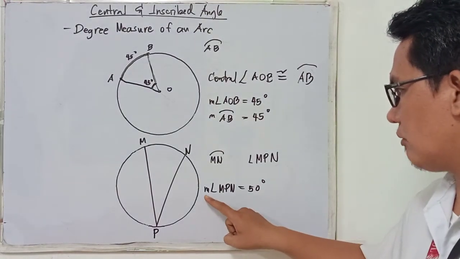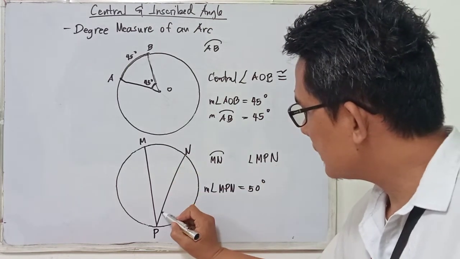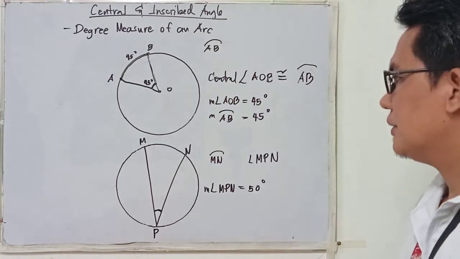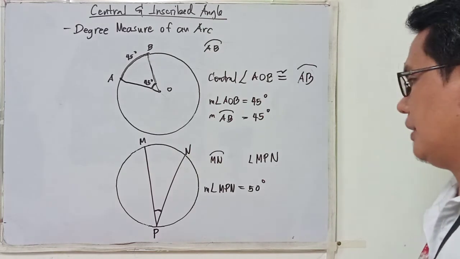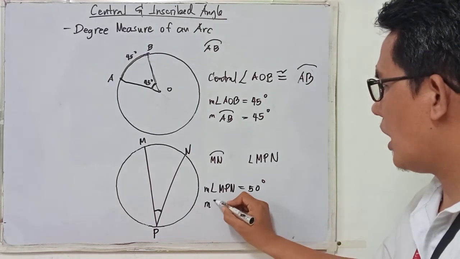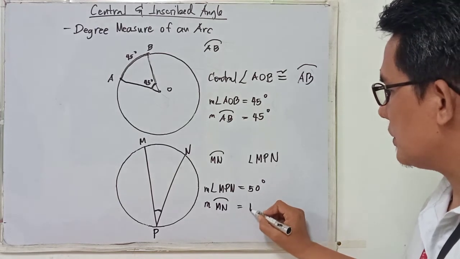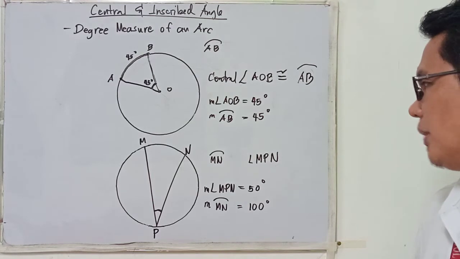If the measurement of our angle MPN is, let us say for example, 50 degrees, what is the measurement of our intercepted arc MN? The measurement of our arc MN is equal to 100 degrees. So what do you mean by that?